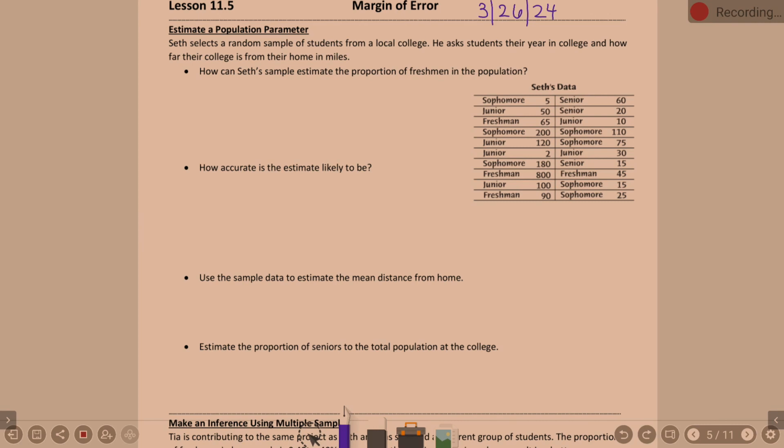So with that in mind, what do you have here? Did you count freshmen? We see 4. And how many students did he survey? 20.